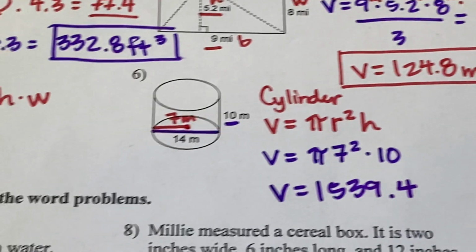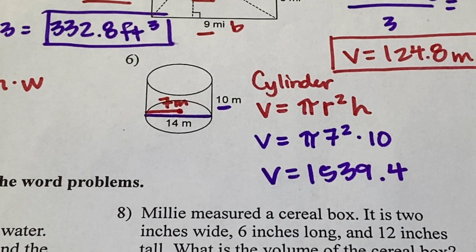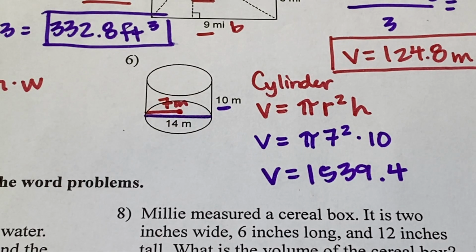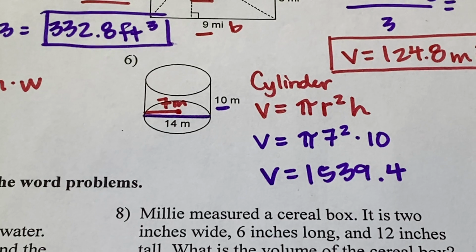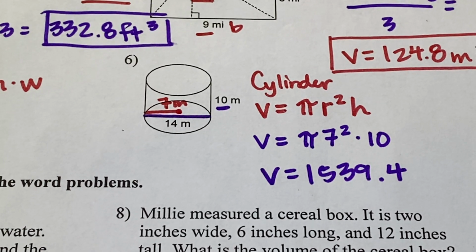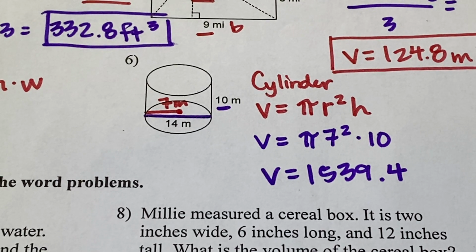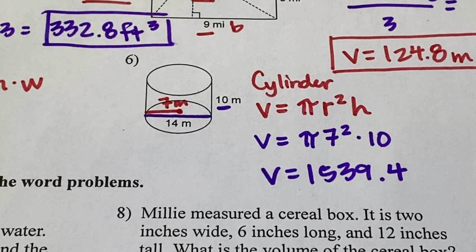1,539.4. That is big, because we're talking about meters. It's a big cylinder. Why would you need a cylinder that big? I don't know. That is a good question. But what were the units of measurement for this cylinder? What does the M stand for? Meters.